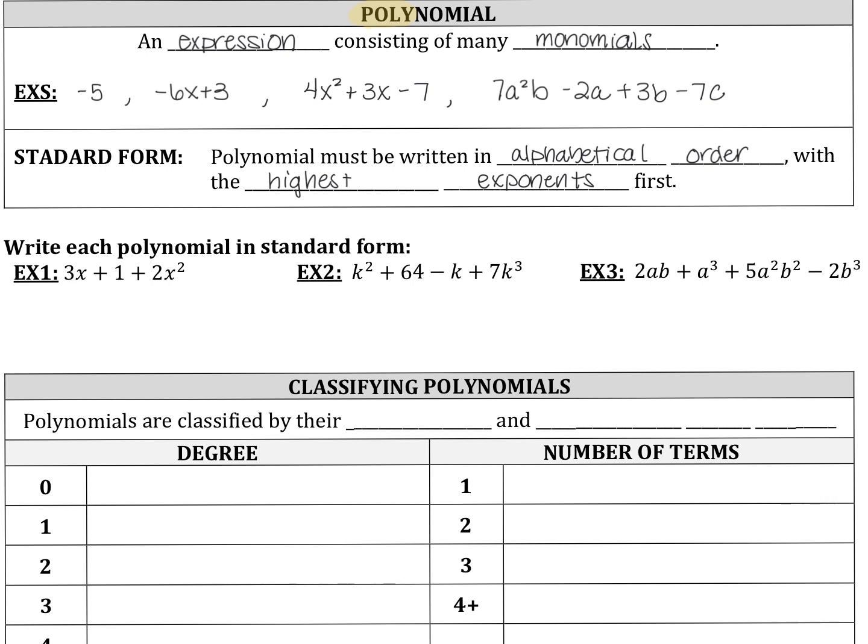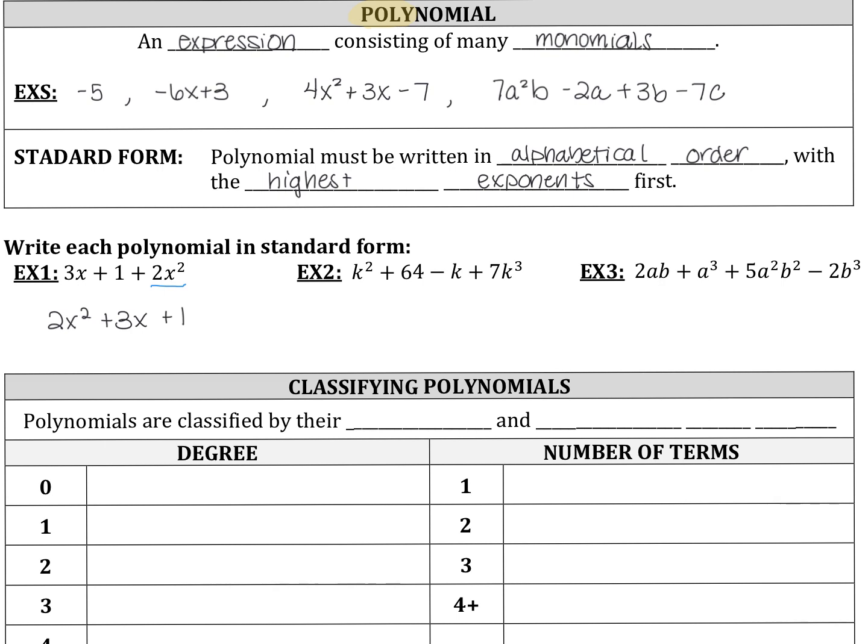The first term I need to deal with is this 2x squared. That will be my highest term, so I'm going to list that first, 2x squared. Then I keep going and list my next highest exponent term, which in this case is 3x. So this would be 2x squared plus 3x plus 1.